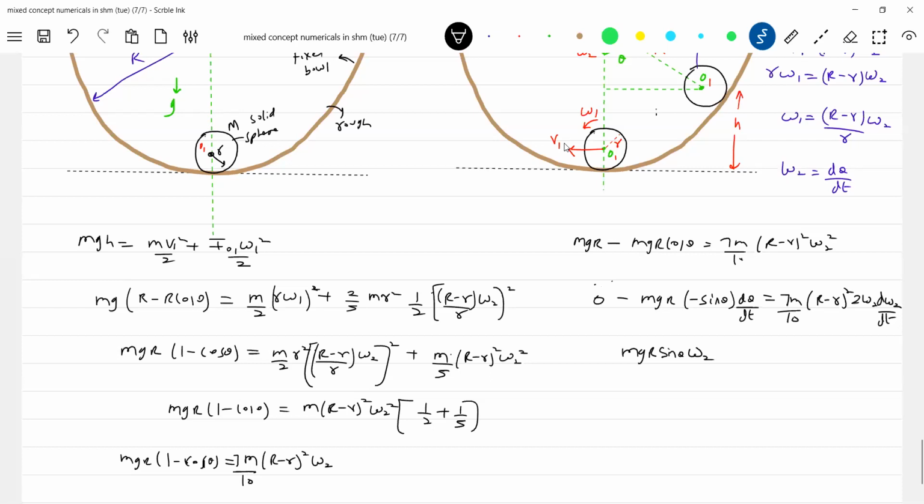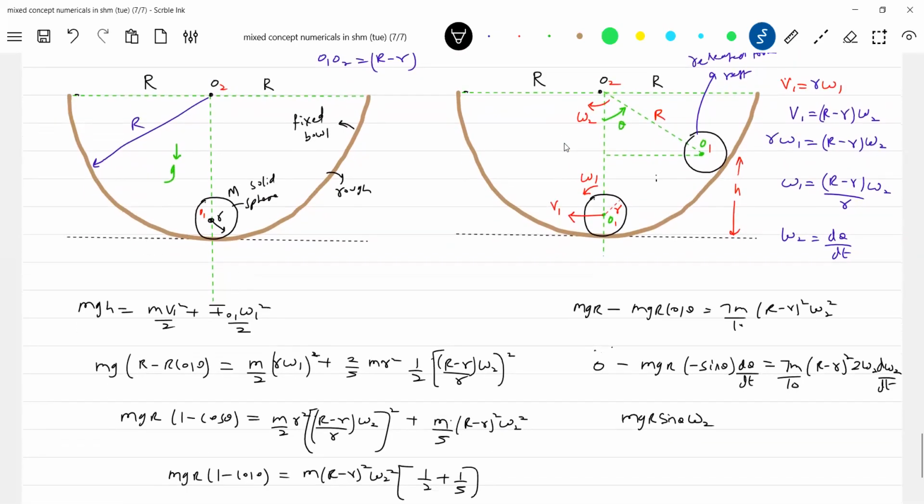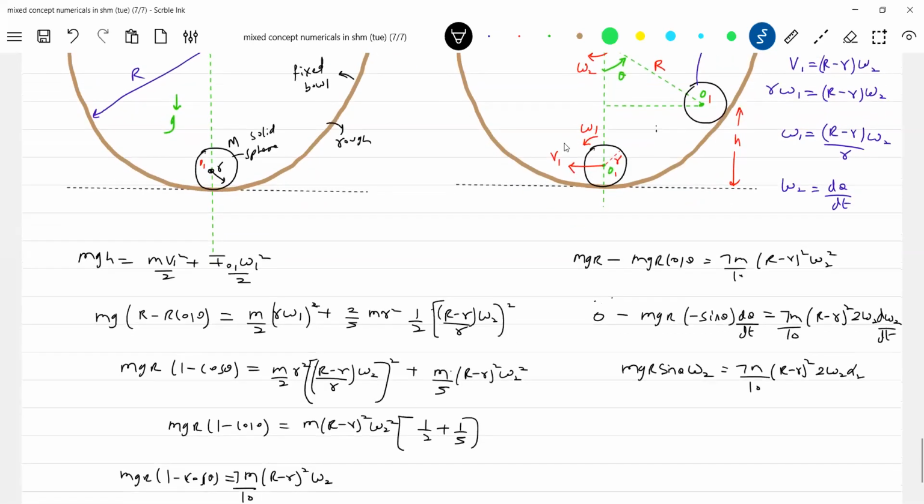Omega 2, I should write, no? d theta by dt is what? Omega 2. Look at this one. So this should be equal to 7m by 10 alpha 2. Omega 2 gets eliminated. So what will I be left with? m will get eliminated. So 10, okay, 5 g R by 7.